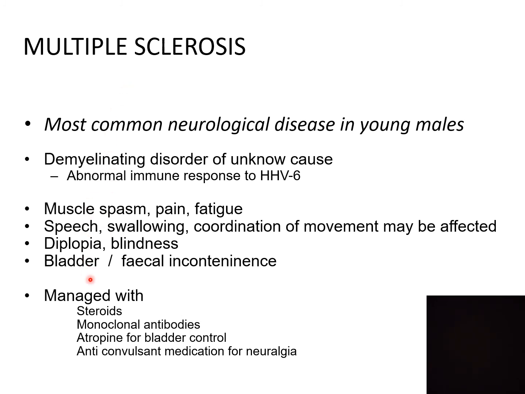The management of multiple sclerosis is difficult, but steroids and monoclonal antibodies remain the mainstay of treatment. Atropine may be prescribed for bladder control and anticonvulsant medication for trigeminal neuralgia. So, just to summarize, trigeminal neuralgia, particularly in young people, may be secondary to multiple sclerosis.